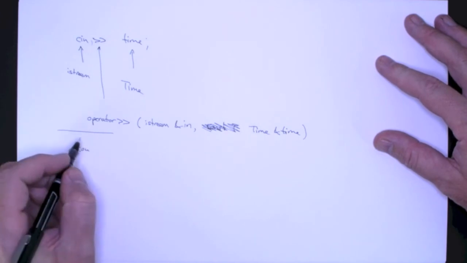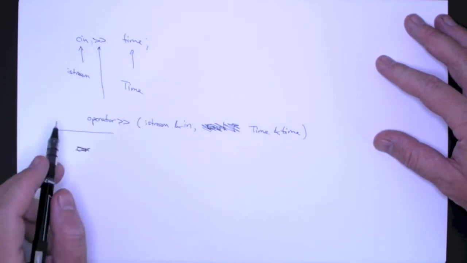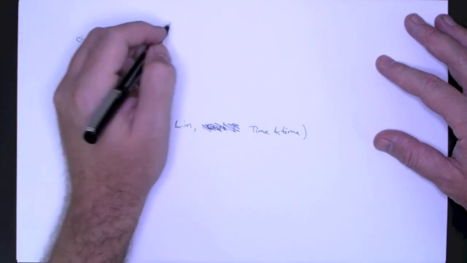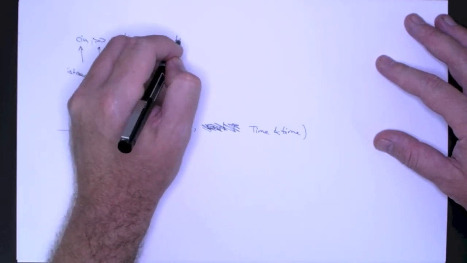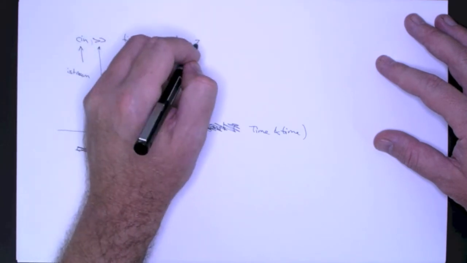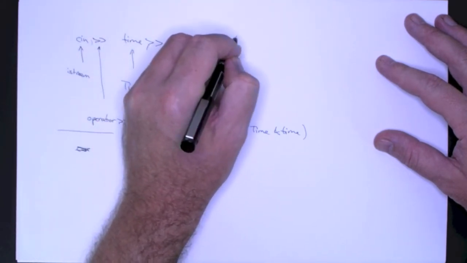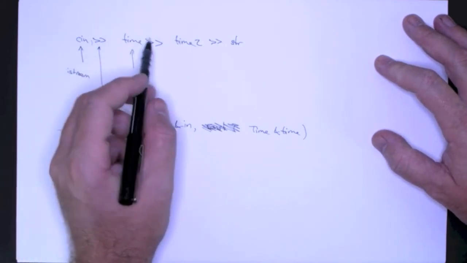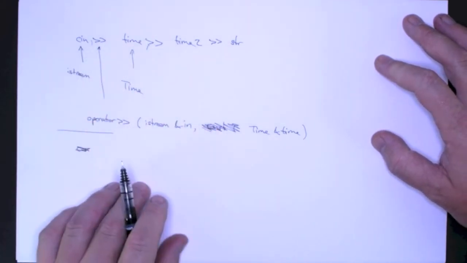Similarly, one more little point here. I want to be able to cascade these extractions, right? I'm going to read out a time object, but then there could be other extractions that I need to make.